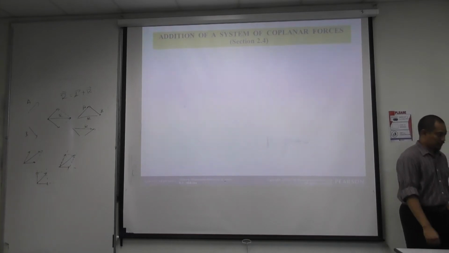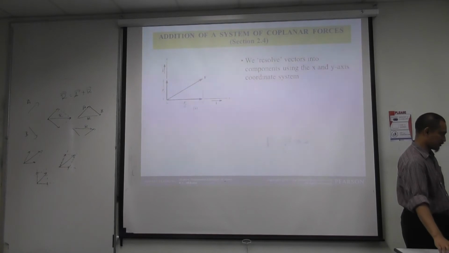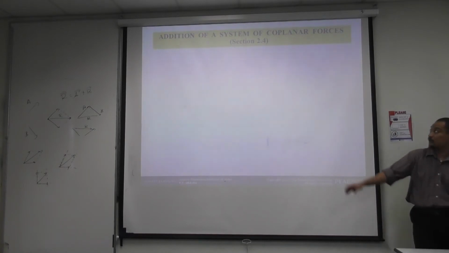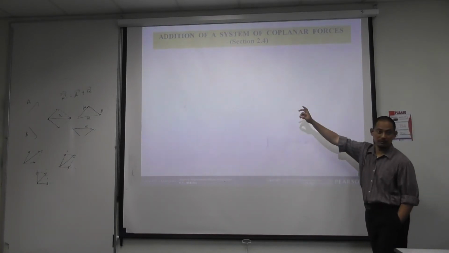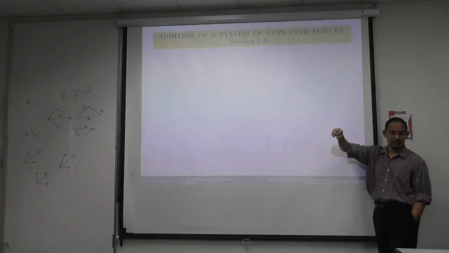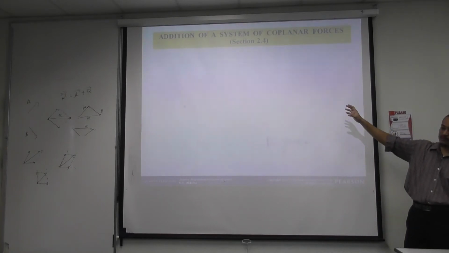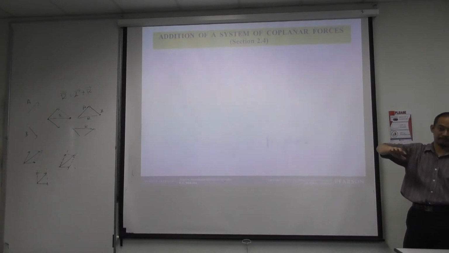Alright, so when you have addition of a system of coplanar forces, before that, do you know what is coplanar? Never heard that before? Coplanar basically means on the same plane.